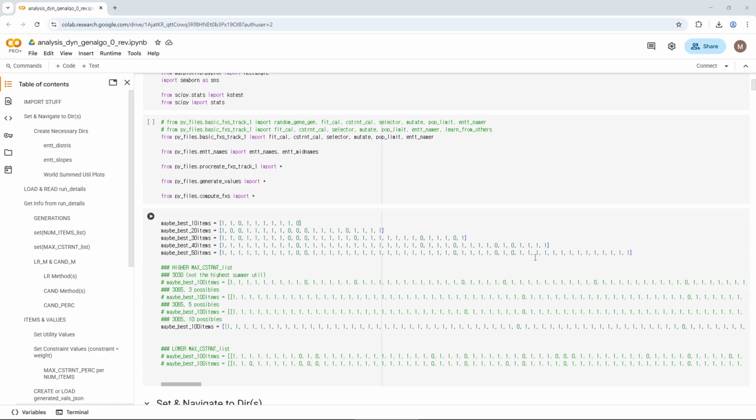Of course, there are some fluctuations, but the point was to keep the candidate percentage as low as possible, and that is 0.2 or 20% with the learn rate method.